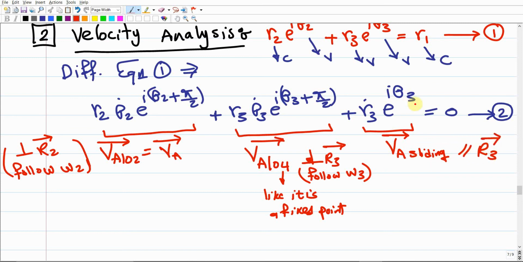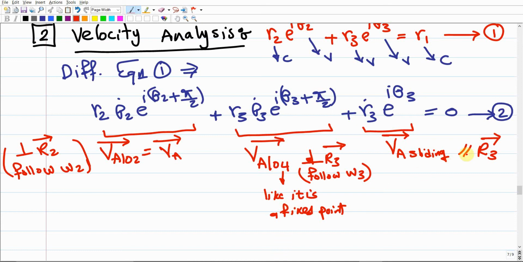Why parallel? Because it has the same direction as R3. As we mentioned before, parallel here doesn't mean that it should be with R3 or against it. It would be the same direction as R3 or the opposite direction, depending on the solution that we're gonna get after a while.